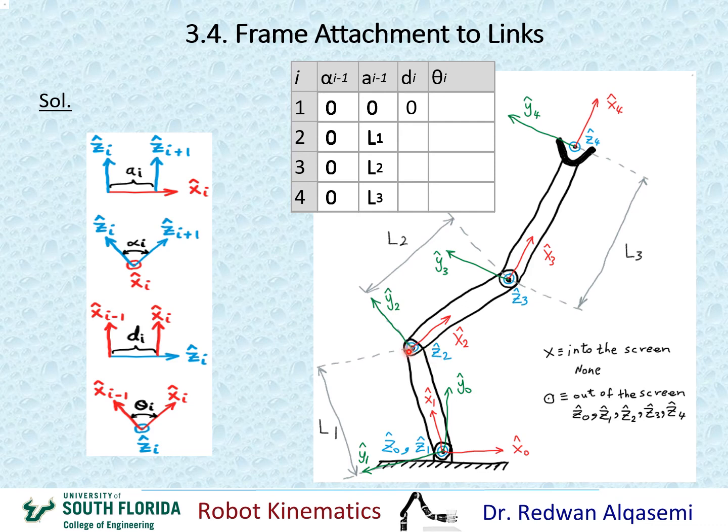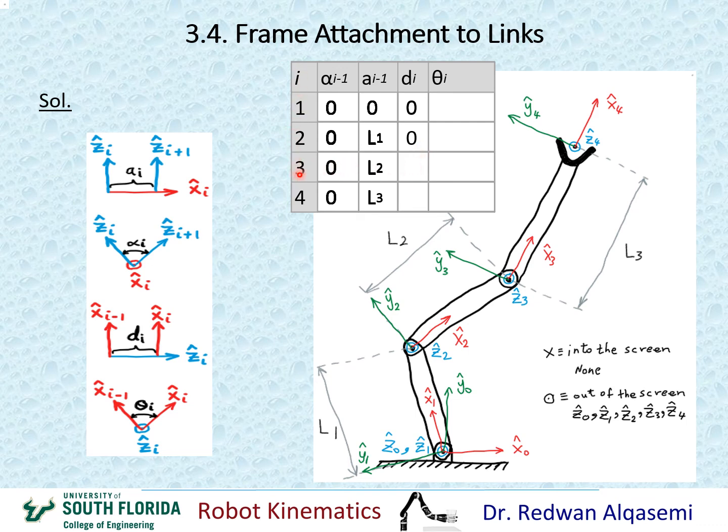Okay? So obviously if you extend this line, it will intersect with this line. So both X1 and X2 are intersecting right where Z2 is. Okay? That means the distance between them along Z2 would be 0. This means that D2 equals 0, and that's what I'm going to indicate here.